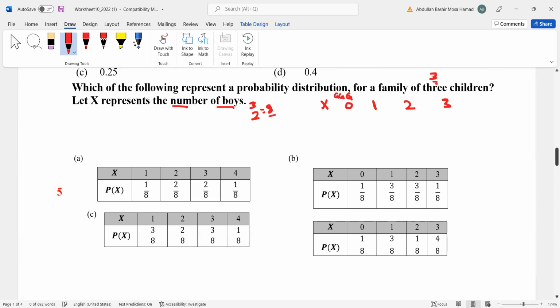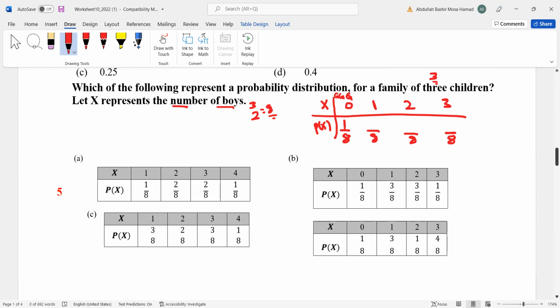So each probability is over 8, the total number of the sample space. Then we need to find the number of outcomes in the event. The number of ways of getting 0 boys is 1, because we have a single outcome in the event.